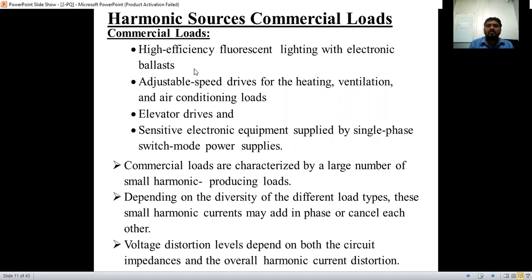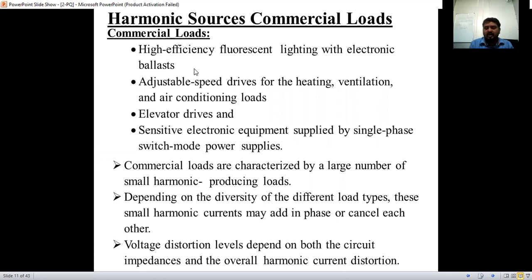So obviously we go for fluorescent lamps, tube lights. Compared with incandescent lamps, the efficiency is low and power consumption is much higher, so that is not efficient.